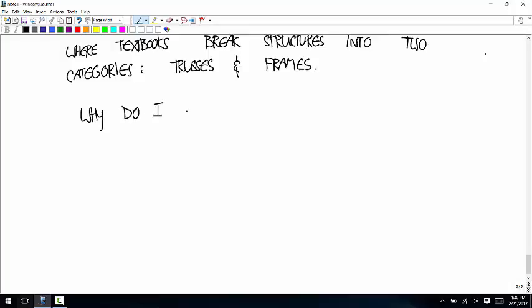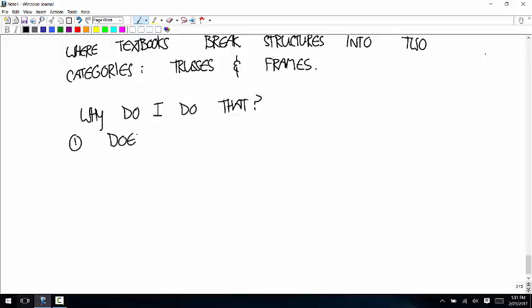Why do I do that? So first of all, if you have one approach that works for every kind of structure, you don't have to categorize things. And sometimes the rules for categorization can be harder to remember than the approach itself. In 6 months when you're done with this class, there's a very high likelihood that you would go back and miscategorize some structure, and get answers that aren't accurate because you're approaching the wrong thing.